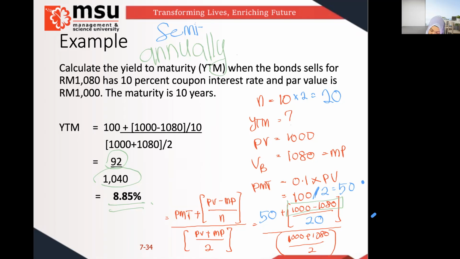It's 46. Divide with the same answer, 1040, because 1000 plus 1080 is equal to 2080, and 2080 divided by 2 is equal to 1040.